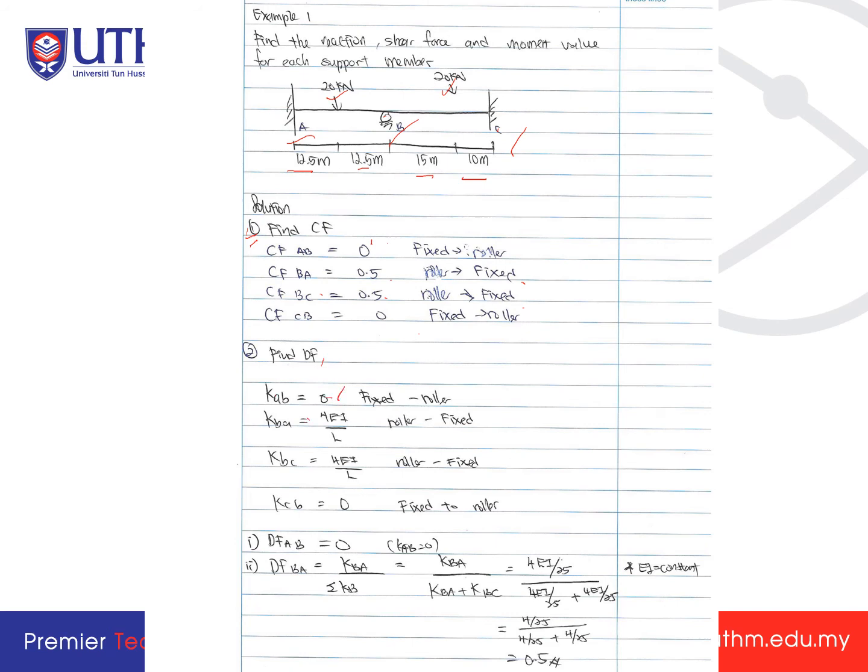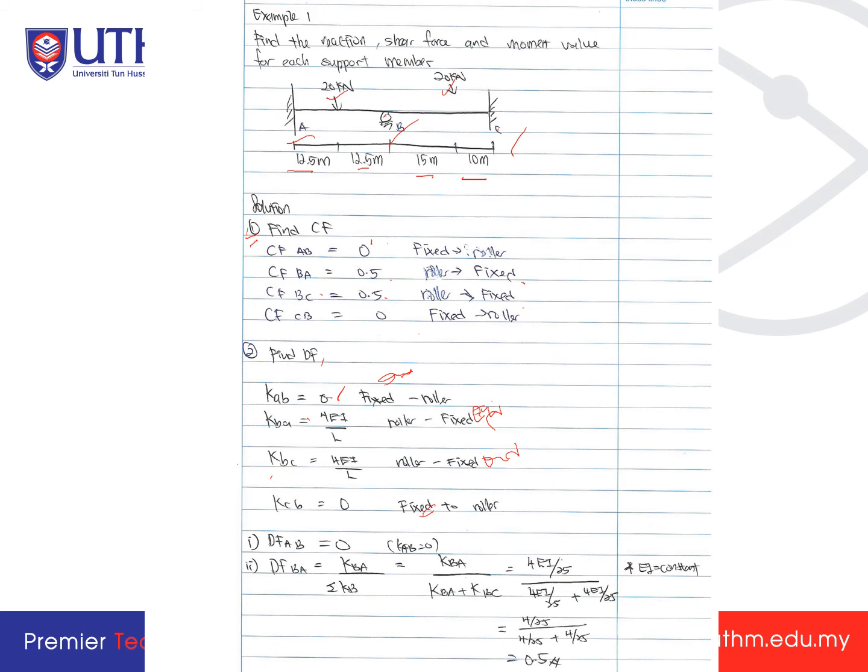And then KBA is roller to fixed end, so you will have 4EI over L. KBC is also 4EI over L because it is roller to fixed end. And then KCB is 0 because it started from fixed end to the roller. So these are the K values.